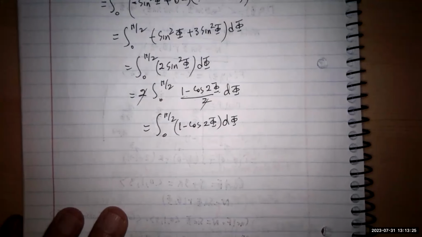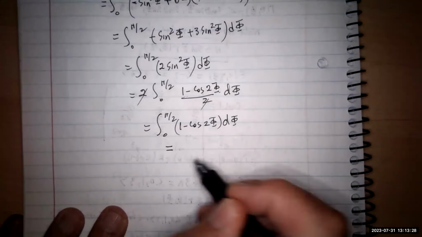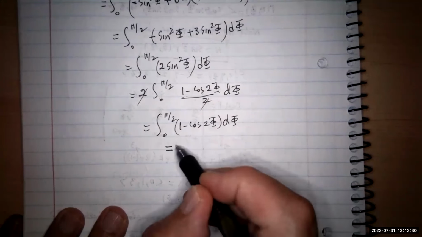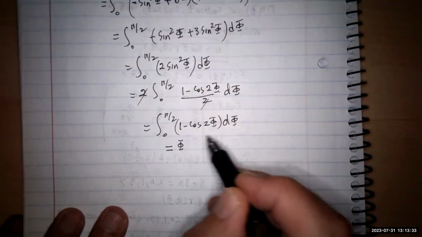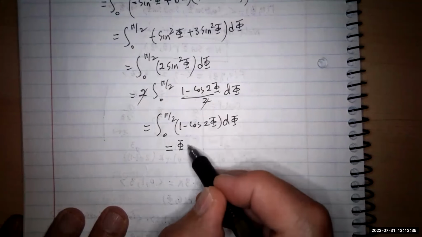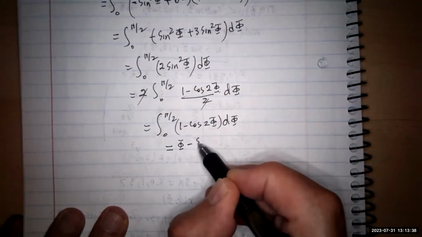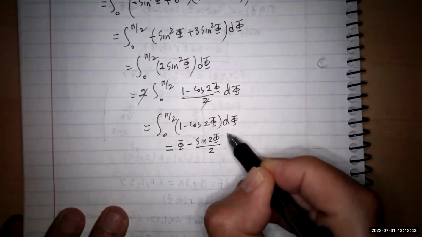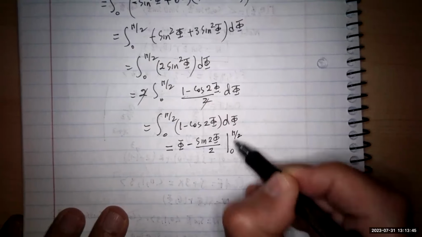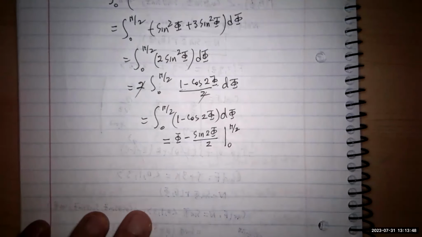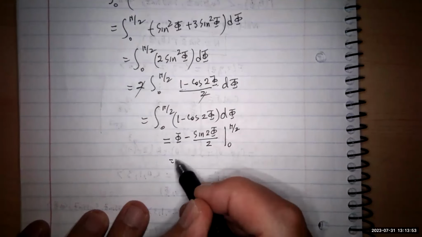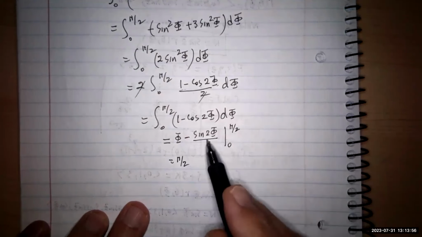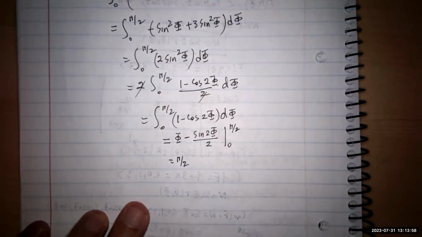Okay. Now, if you integrate it, that should give you phi. Okay, that gives you phi, and this is going to be what? This is going to be minus the sine of 2 phi over 2, from 0 to pi half. And if you substitute, that gives you pi half, and that gives you 0. If you put the 0, that gives you also 0.